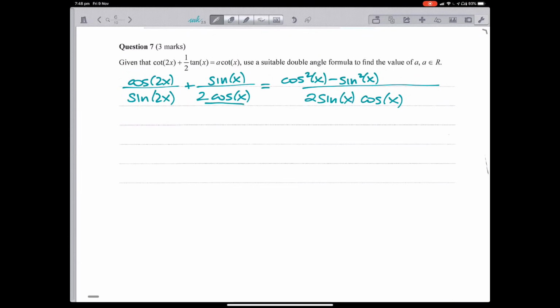So if I want this to be 2 sine x cos x, I've got to add a sine on the top, so plus sine squared x, so they will cancel.